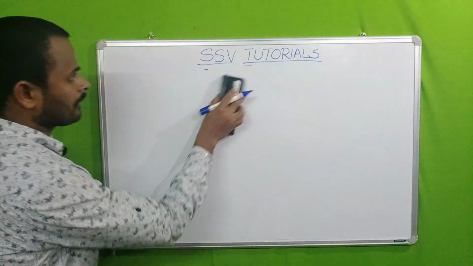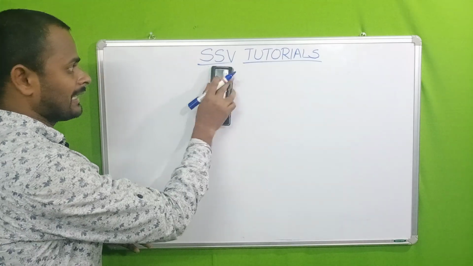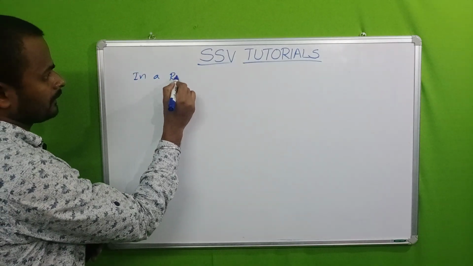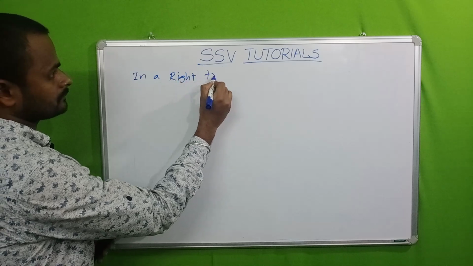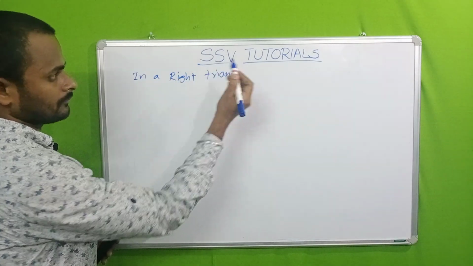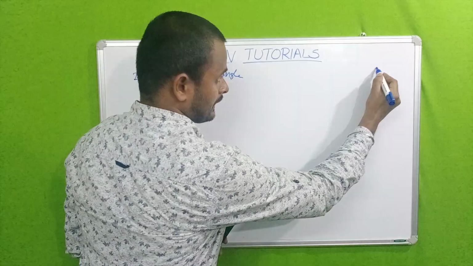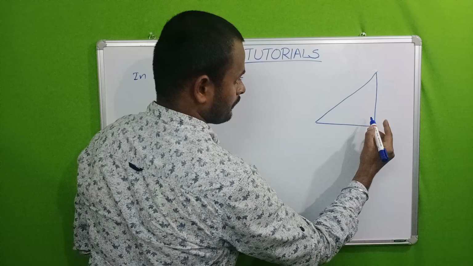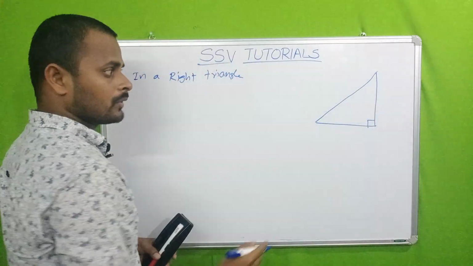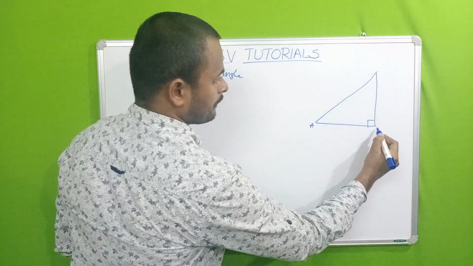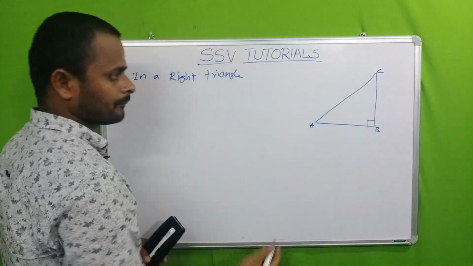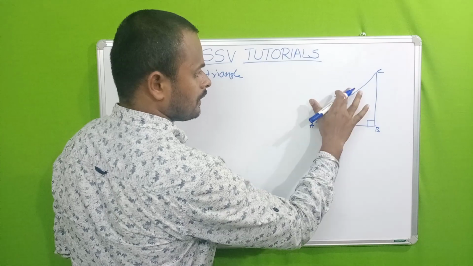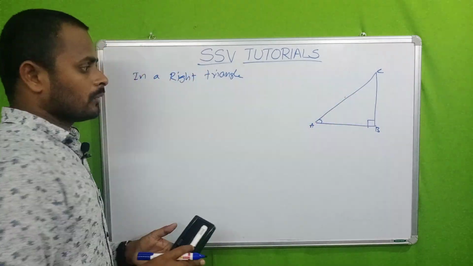So, in a right angle triangle, for example A, B and C, this is called the hypotenuse.